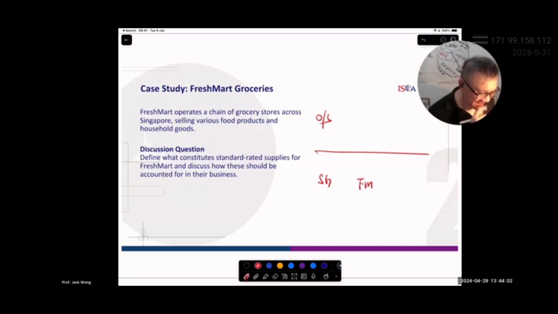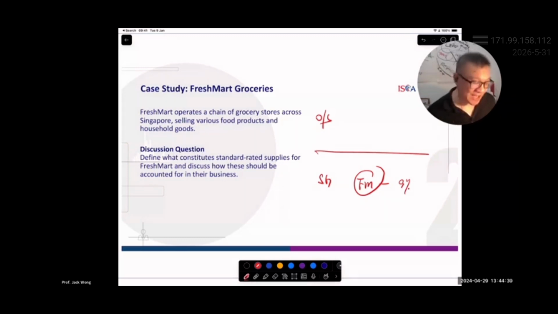The question is, define what constitutes standard rate supplies for Fresh Mart and discuss how these should be accounted for in the business. It's just a reiteration of what I've said earlier. Number one, if Fresh Mart is GST registered, then almost every sale it makes to the customers, who are you and me, will be subject to a 9% GST charge. So for accounting purposes, Fresh Mart would need to account for the GST output tax in its return before it's submitted to IRAS.